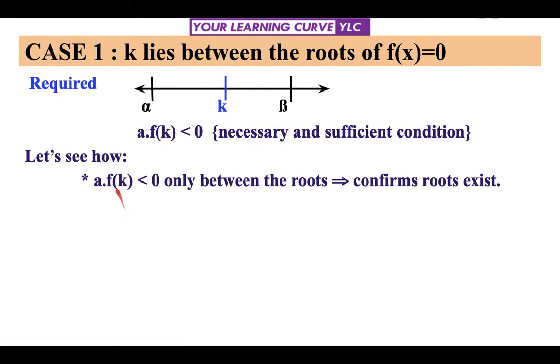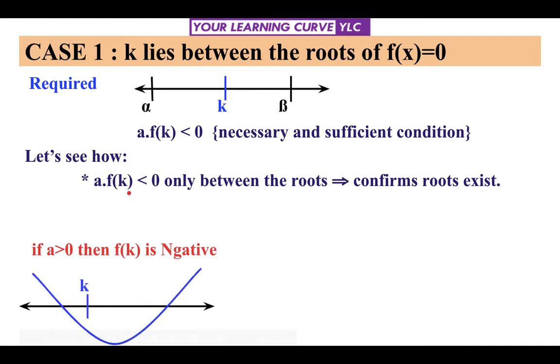So since we have said that a into f(k) is less than 0, this is negative only between the roots. Since there is an interval between the roots which exists, it means that the roots itself exist. Let's understand it graphically also.